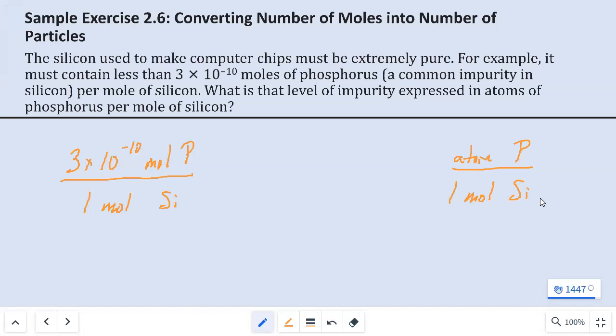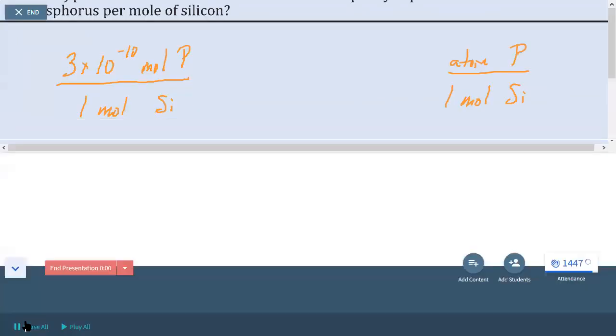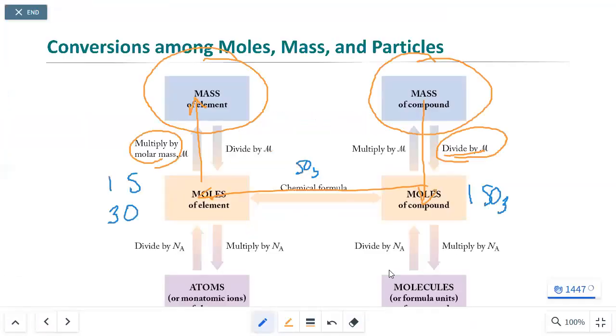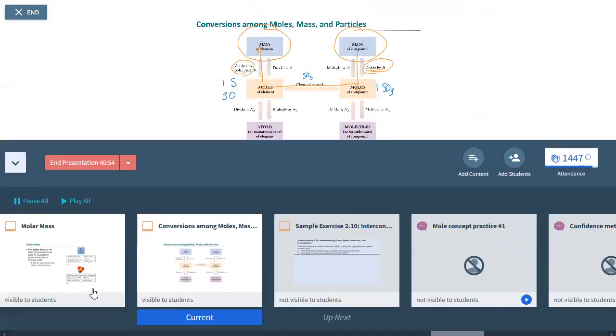So we really just want to convert moles to atoms. If I jump ahead to that map, I can see to go from moles of an element to atoms of an element, I just need to multiply by Avogadro's number. The mole map tells me to do it that way.